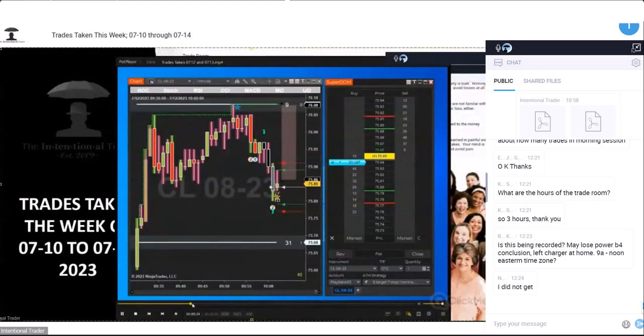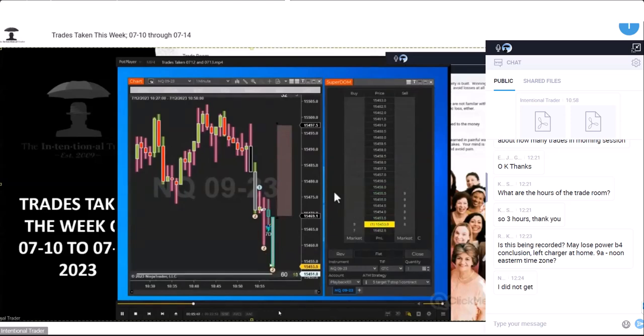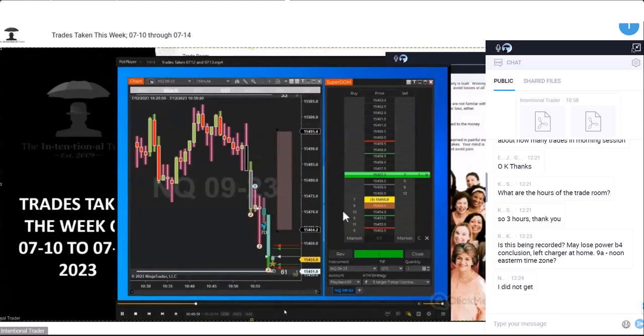I don't mind missing out on a trade every now and then, because the flip side is we have a real high probability. Missing out on a trade every now and then is not the worst thing that could ever happen. Not taking a trade is really a pretty good thing, to be honest, if we get enough trade setups.